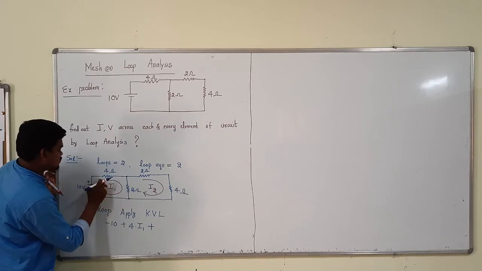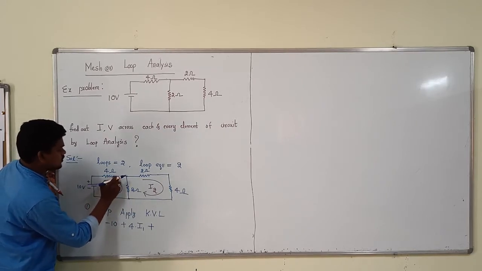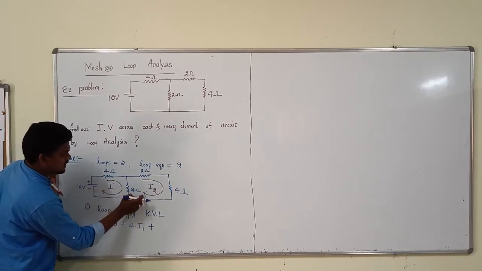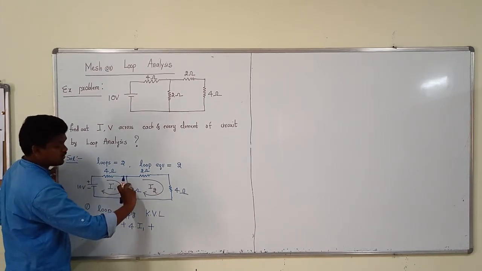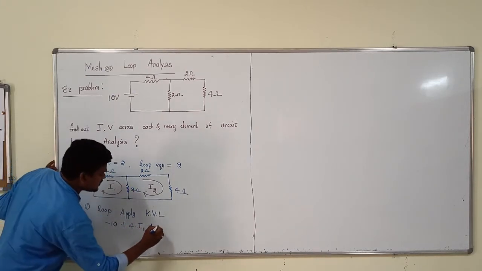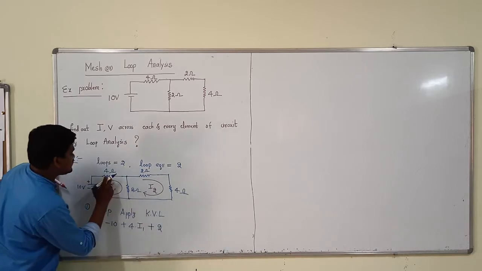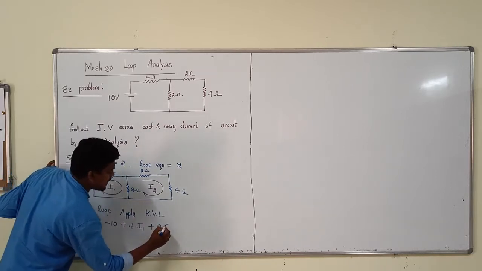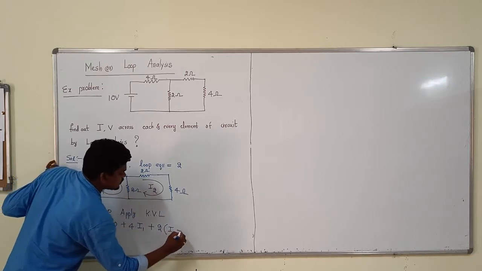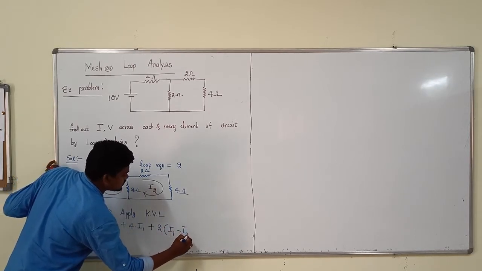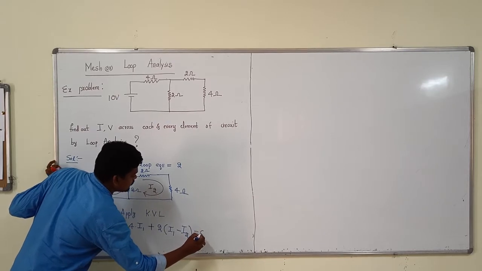What about here, the 2 ohm? In this, one current I1 is entering and the I2 current is entering from the other side, so we have 2 currents. For that, plus 2, first loop: I1 is positive and I2 is negative, equal to 0.